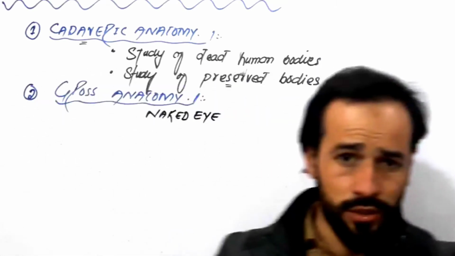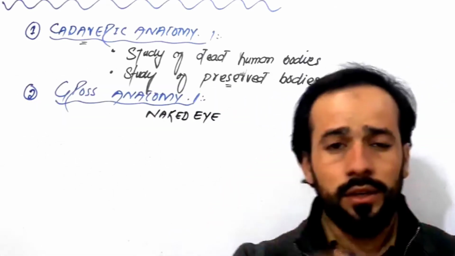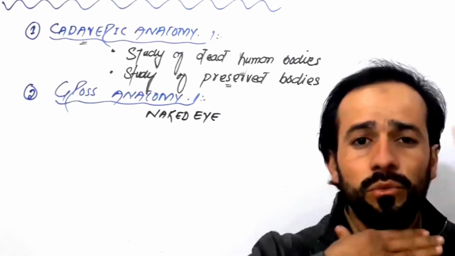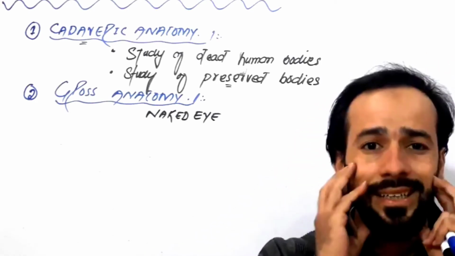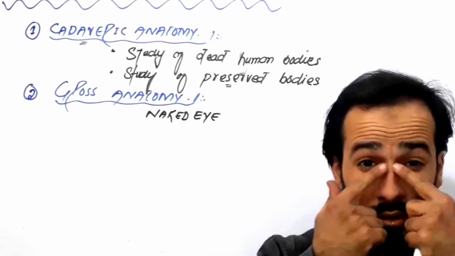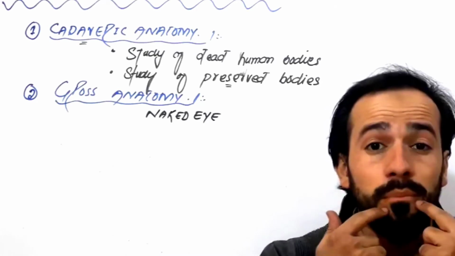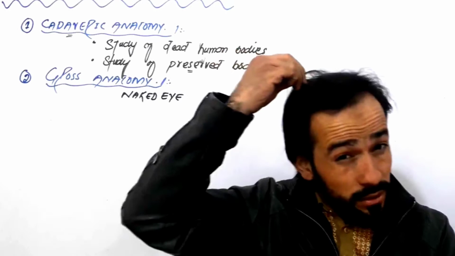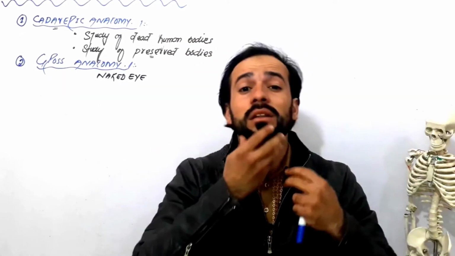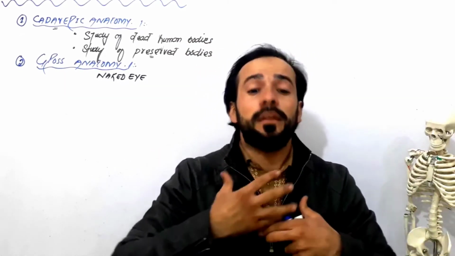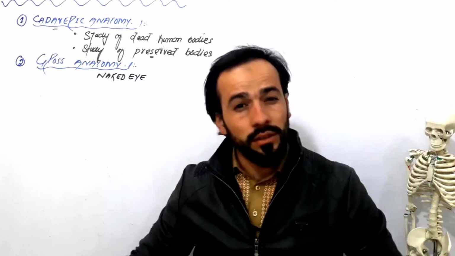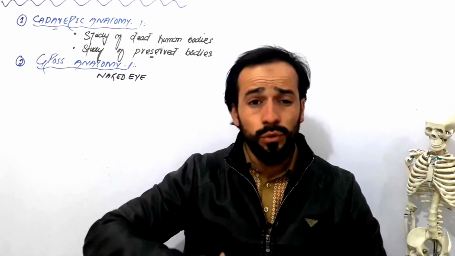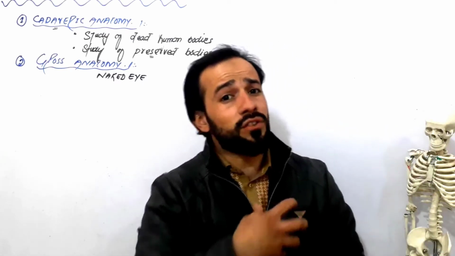If you are watching this video and looking at me, this is my head region. These are my eyes. This is my nose. This is my mouth. These are my lips. This is my forehead. These are my hairs. This is my chin. This is my neck. This is my chest. Then other parts.